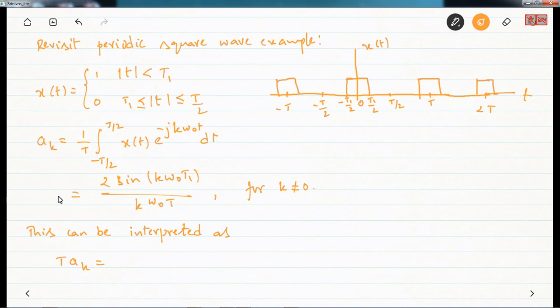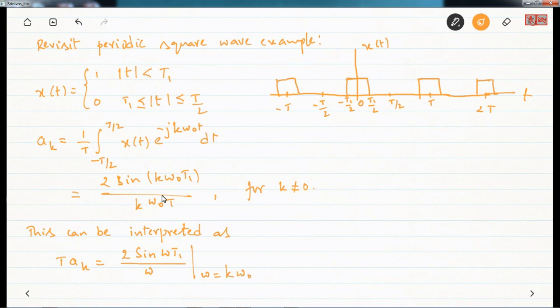So this can be interpreted as, this T I'm taking to the left hand side, so this will be T a k. This I can write as sine omega t1 divided by omega, sampled at omega equal to k omega naught.